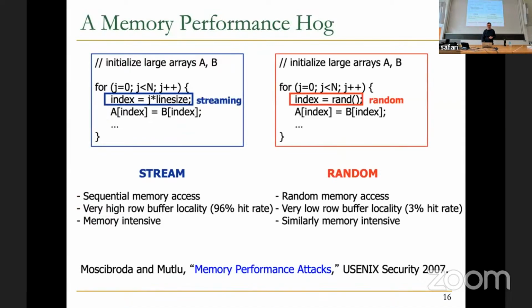This is the streaming application and this is the random application we wrote. You can see that the only real difference between the applications is how they access memory. This one is in a streaming fashion, such that it accesses consecutive cache blocks in consecutive memory locations, whereas this application accesses memory more or less randomly.